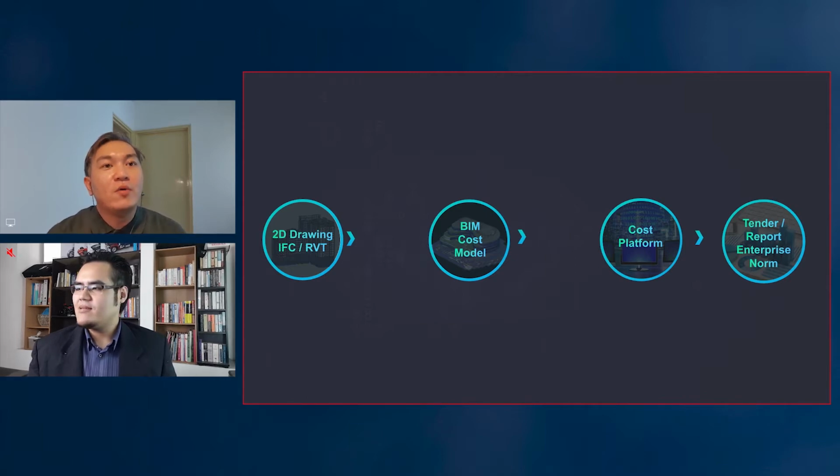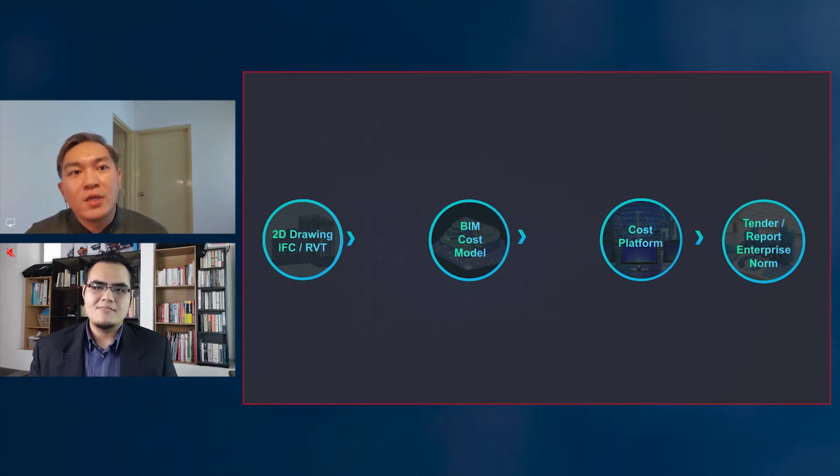As we all know, quantity and cost are the two key components that make up construction. But unfortunately, these two components always have a data silo. So Cubicost wants to help you break this data silo and bridge the gap by converting 2D information or 3D design model into a cost estimation model in an intelligent and automatic way.